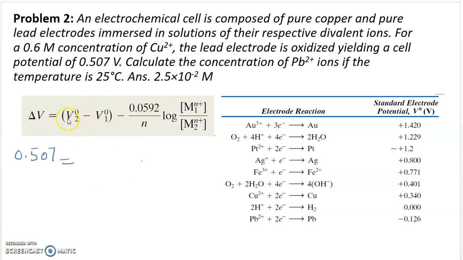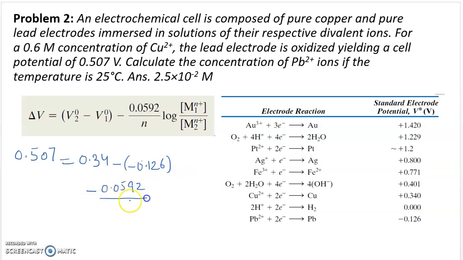A general guideline for using this equation is that V2 is the potential for the cathode. The cathode in this case is copper, the one which gets the electrons, so it will be plus 0.34, minus V1, the potential for the anode, which is minus 0.126.